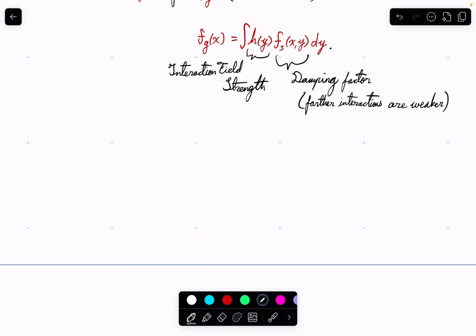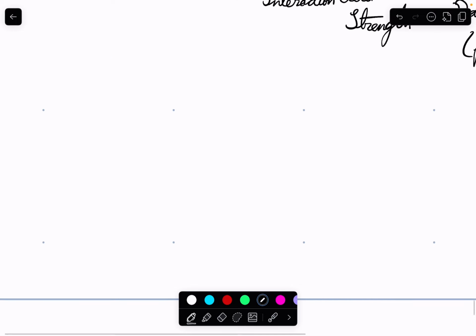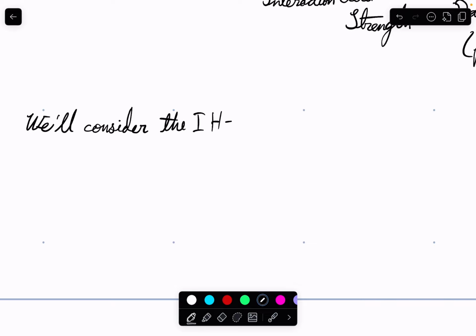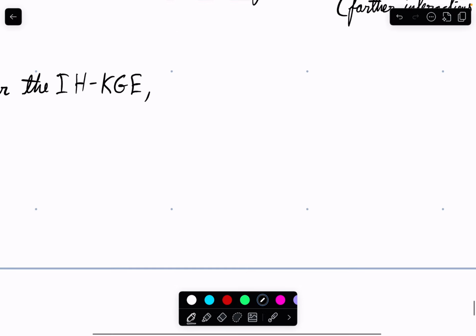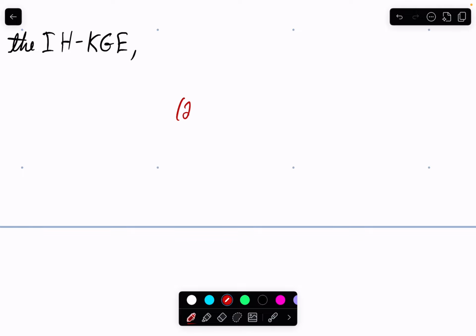To illustrate these ideas a little bit, we will consider the inhomogeneous Klein-Gordon equation, where we have d mu plus m squared operating on the field, which is a general solution and is dependent upon the space-time position.